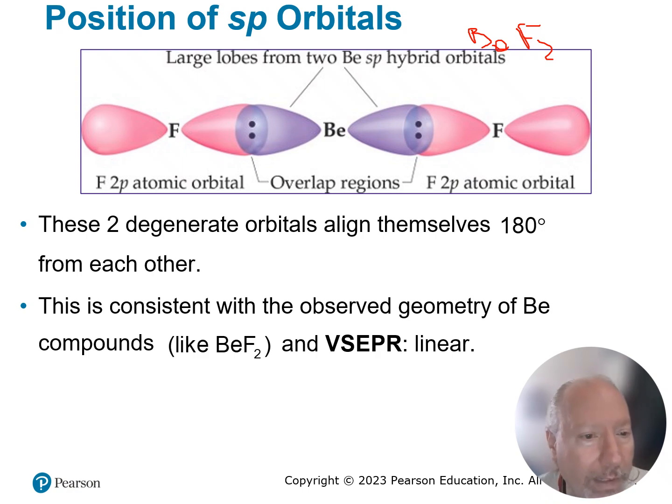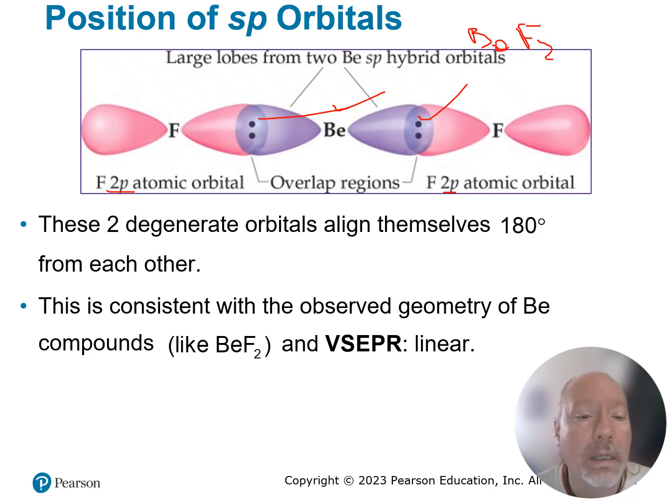So fluorine would just have 2p and 2p, and that can come together with beryllium. And beryllium is kind of different. It doesn't really meet the octet rule, does it? It can have 4 or even 6 electrons, and here you see that it does. It only has 4 electrons being shared between the fluorine and the other fluorine. There's a total of 4 electrons.